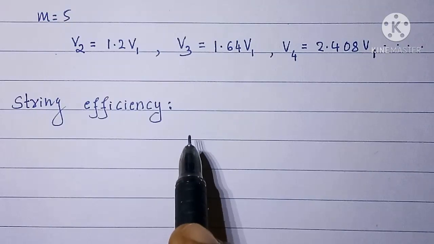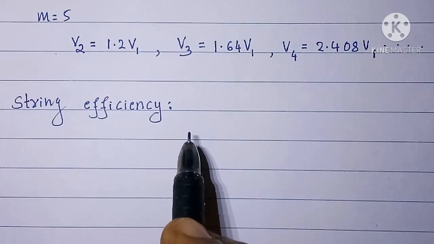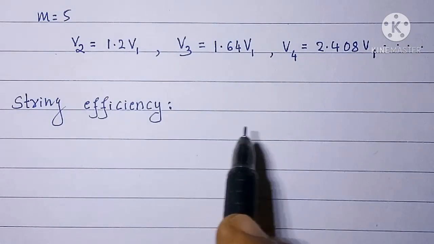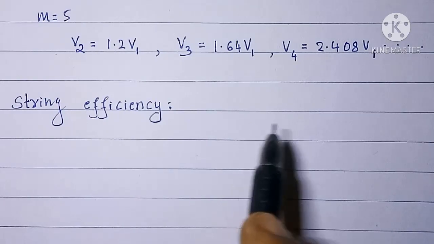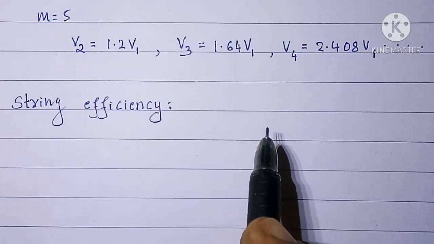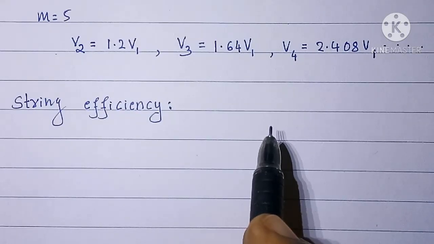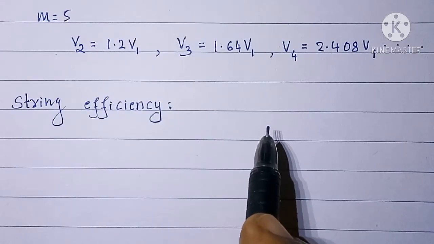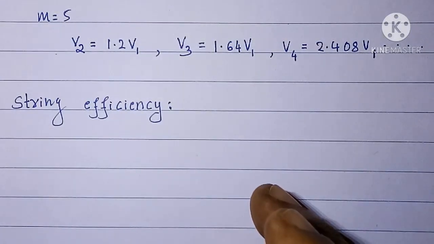String efficiency is something different from the efficiency of motor, transformer, etc. Because when we calculate the efficiency of motor, transformer, generator, etc., there we calculate efficiency as the ratio of output power to the input power.